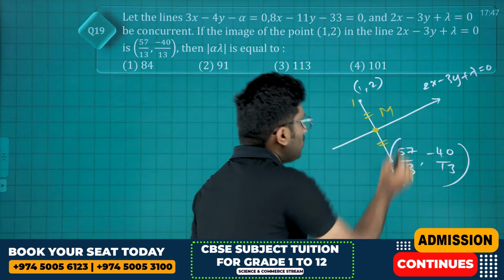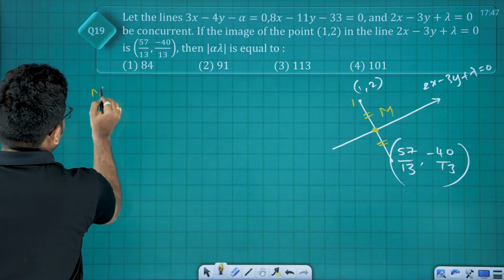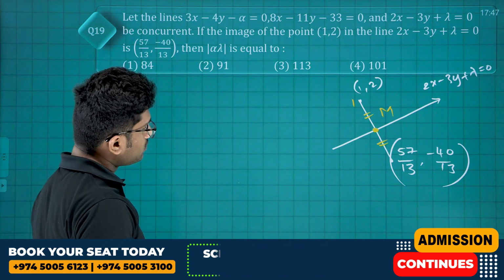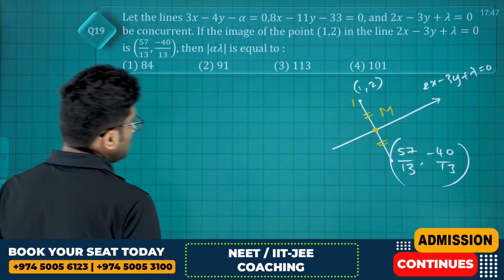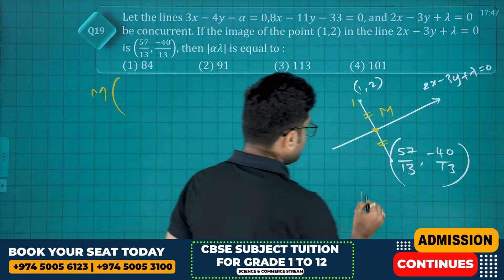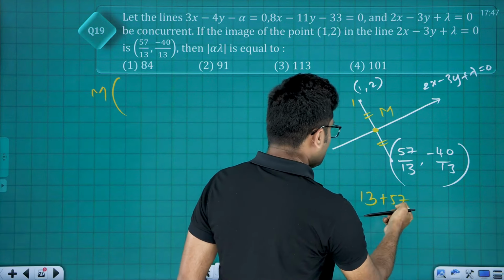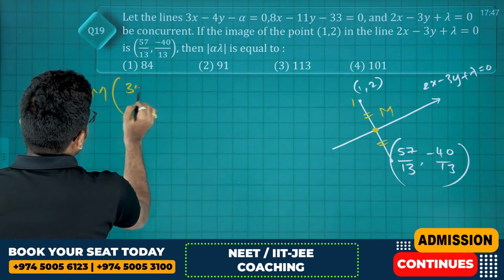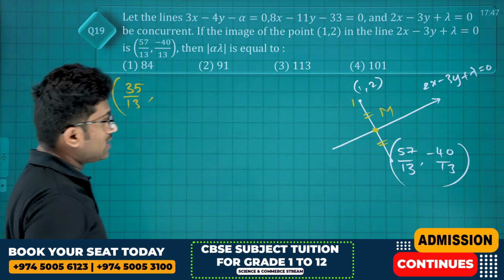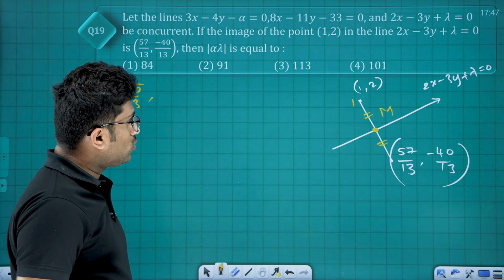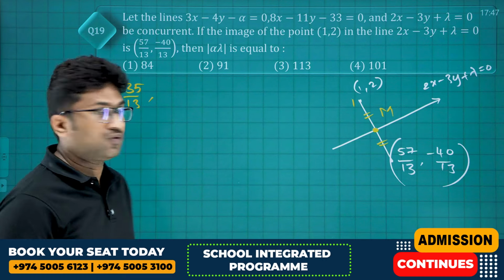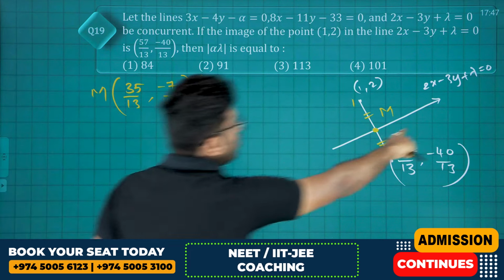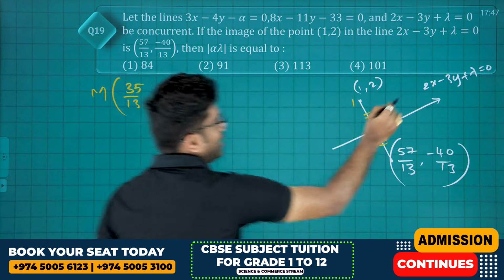So the midpoint M will be: x coordinate (13 + 57)/26, which is 70/26, nothing but 35/13. And y coordinate: 26 minus 40 is minus 14, so minus 7/13. So this point will be lying on this line.